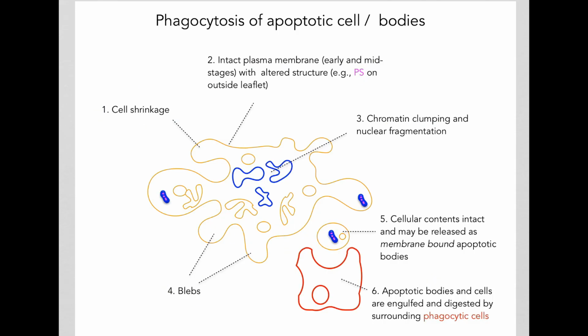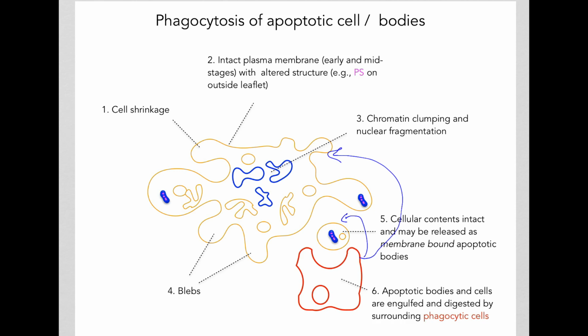Okay, so the end result is these phagocytes will eat the dying cell and all the apoptotic bodies, and that's how the cell is eliminated. And remember, in this elimination, there is no inflammation. It's simply the cell being eaten up by the phagocytes.